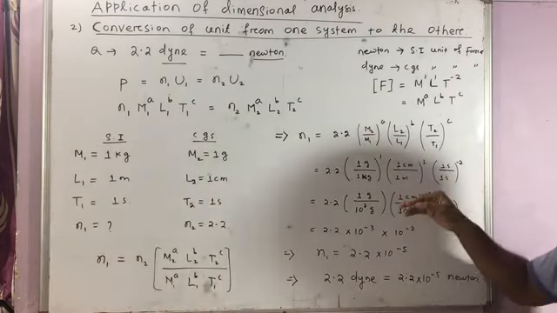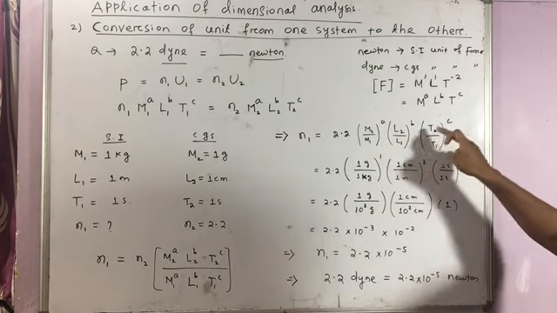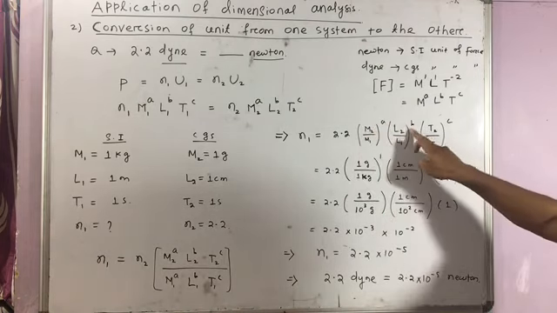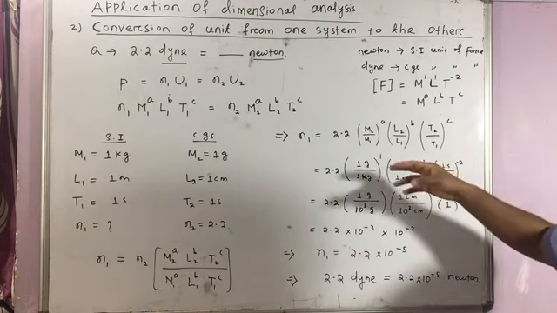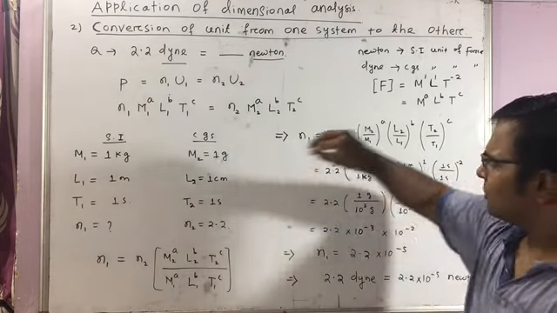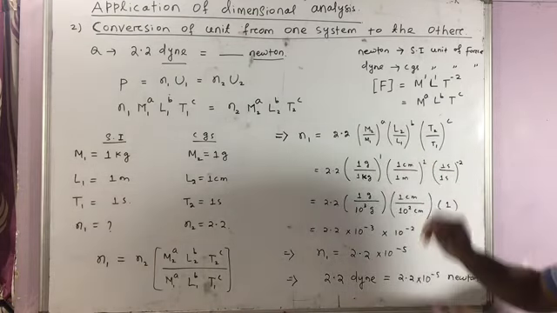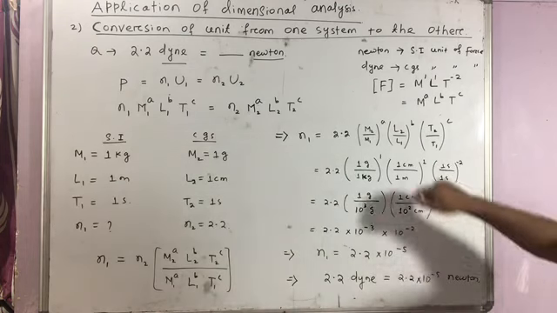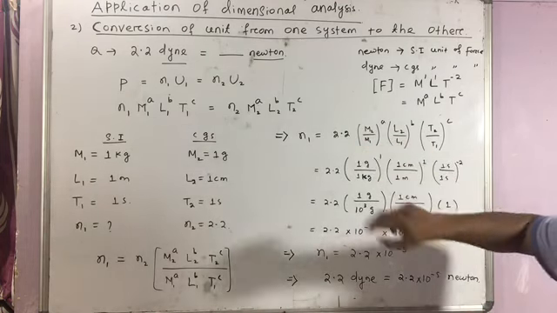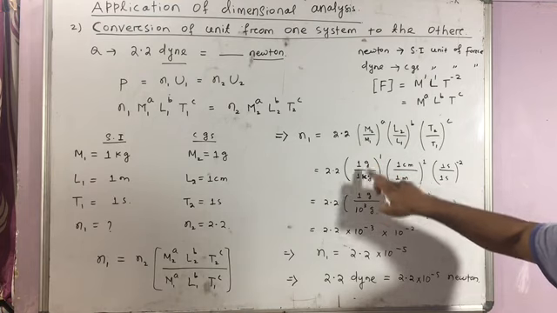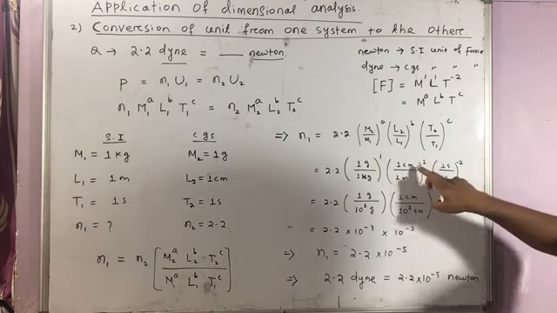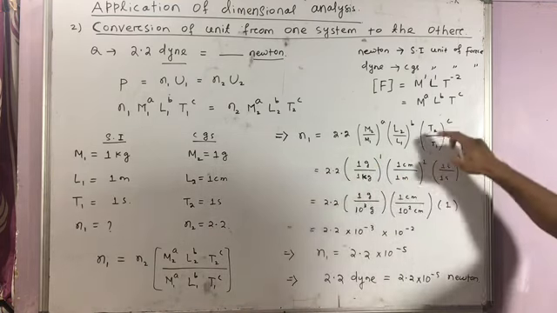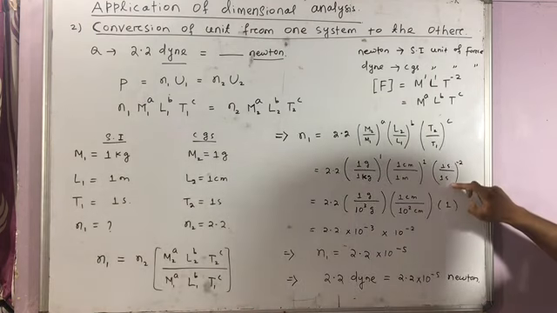So I have separated them, M2 by M1, L2 by L1, T2 by T1, with powers a, b and c. Now I just put in their base values under that particular system. M2 is 1 gram, M1 is 1 kg, L2 is 1 centimeter, L1 is 1 meter, T2 is 1 second, T1 is also 1 second.